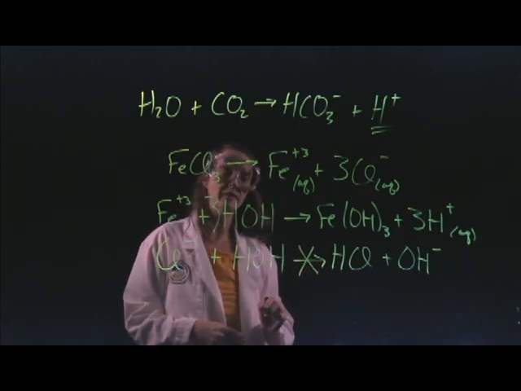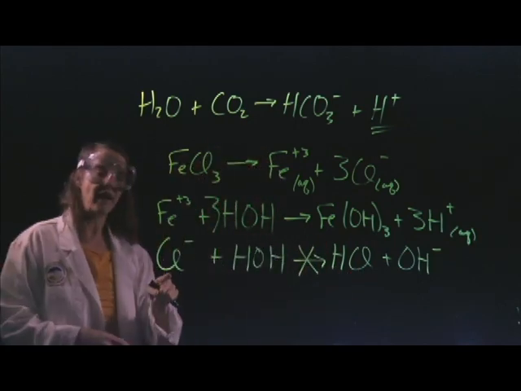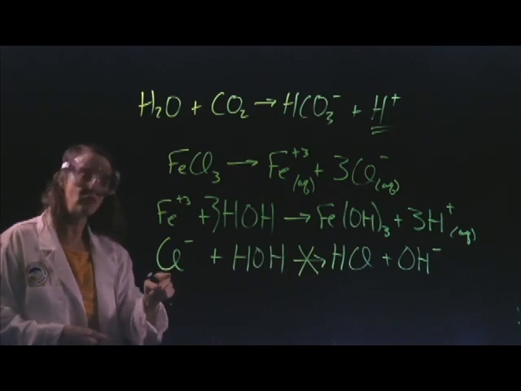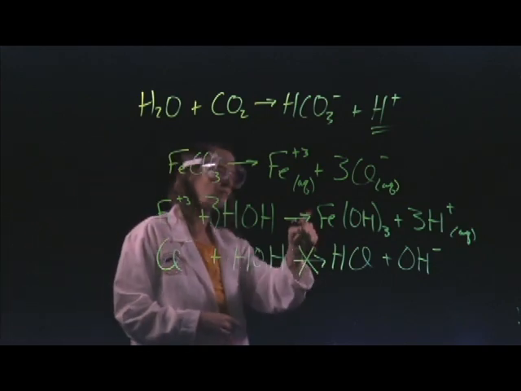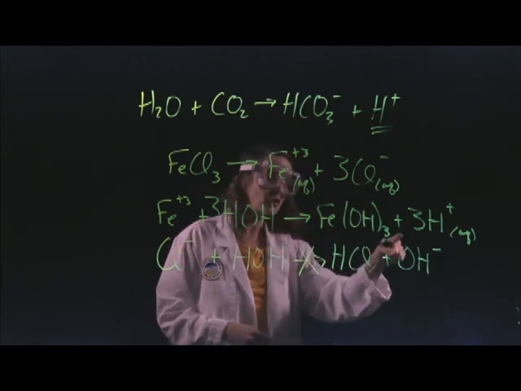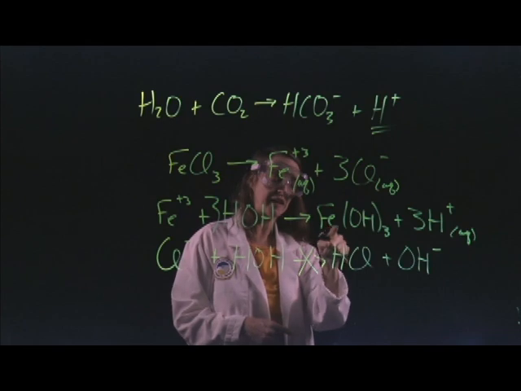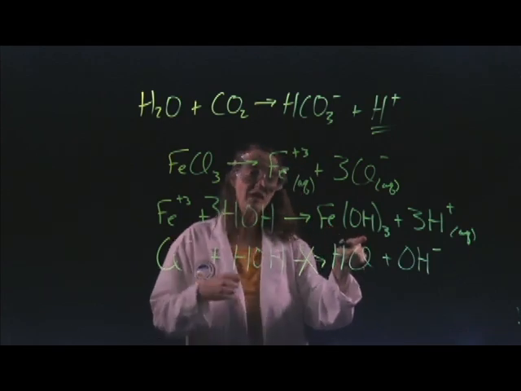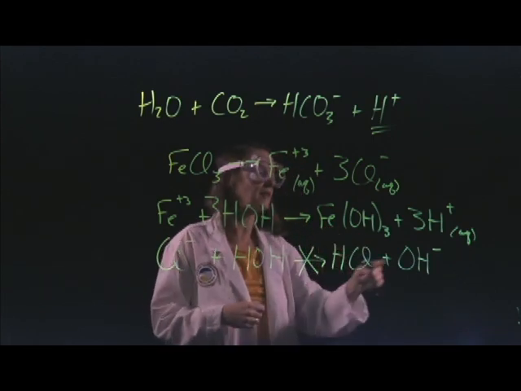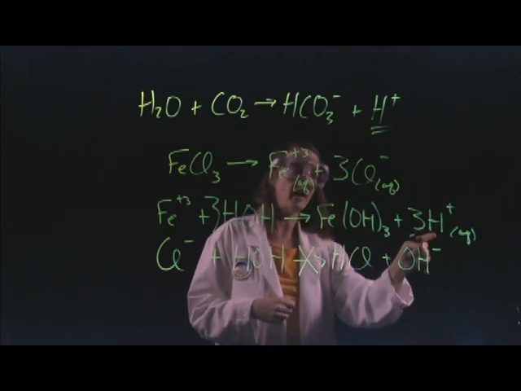This doesn't happen. Chloride ions and ions of strong acids do not react with water. Therefore, it's the first reaction that is determining the pH, because iron 3 hydroxide is not a strong base, so every time this sticks together, we're generating hydrogen ions.